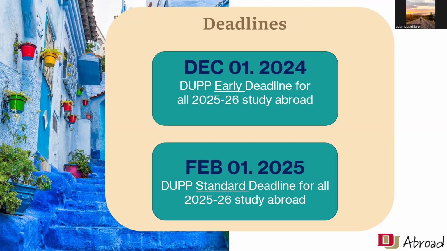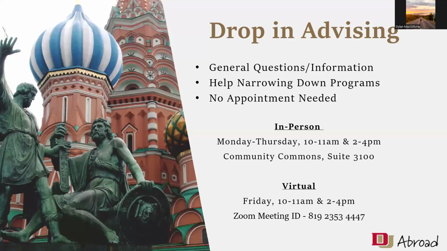And then that February 1st deadline is the standard deadline for all study abroad students. But again, really focus on trying to get your application in by that December 1st deadline. Some of our programs do have limited spots, so it's important to consider the timing of your application. And then feel free to come by our drop-in hours.